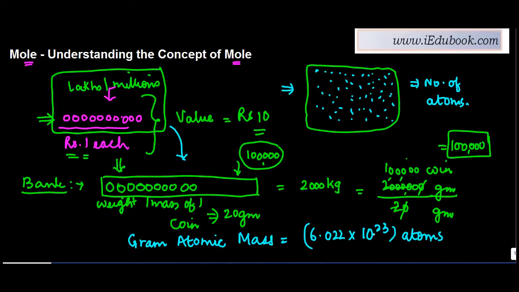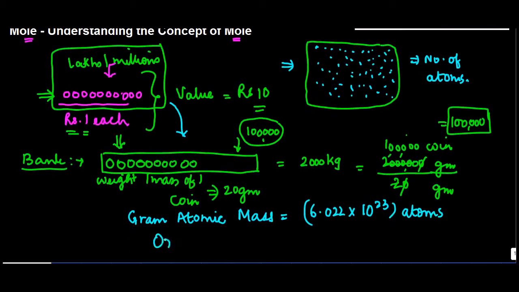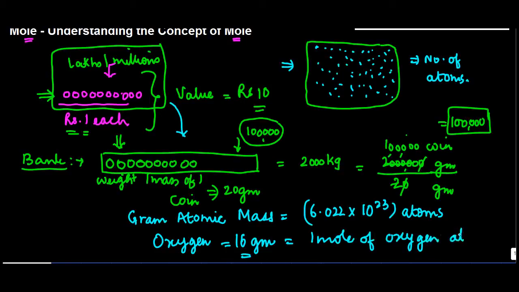So what this means is that if you are talking about the gram atomic mass of, let's say, oxygen, which we took in our previous example, which was 16 grams, right? So this basically means that 16 gram of oxygen is equal to 1 mole of oxygen atom, right? Now, what does this mole stand for?